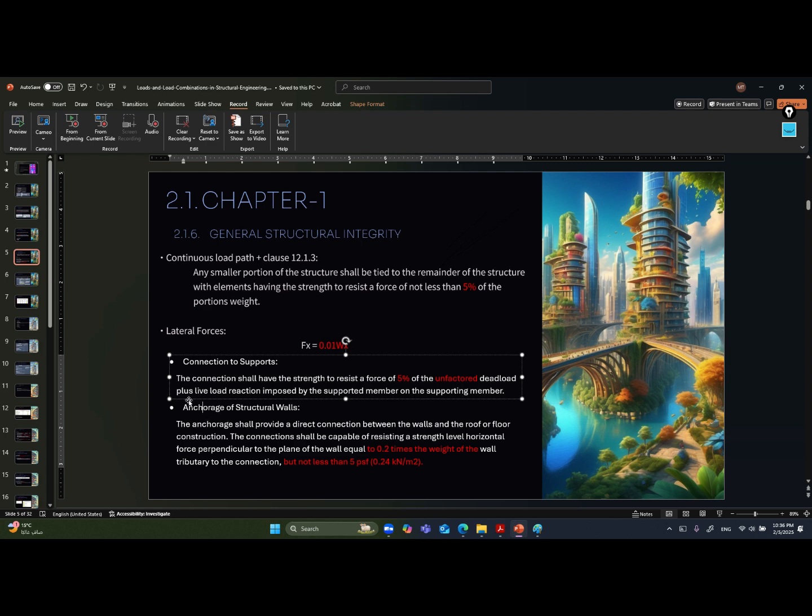Also, he mentions a value for the anchorage of a structural wall. If you have a structural wall and the anchorage with the roof or floor, it must satisfy a force of a minimum of 0.2 multiplied by the weight tributary to the connection.